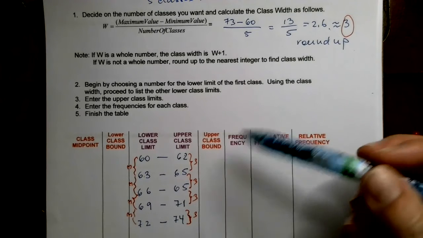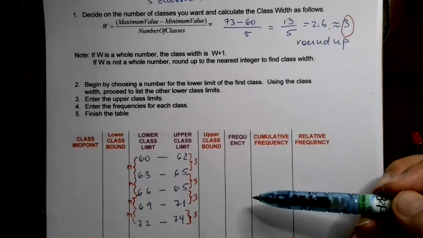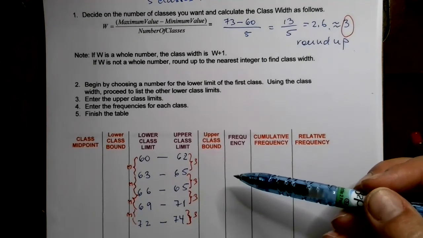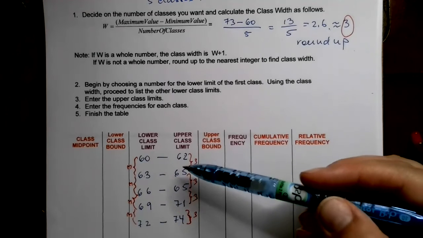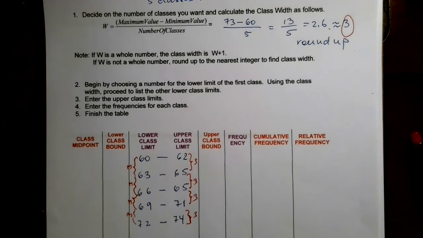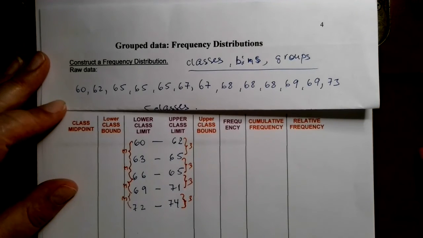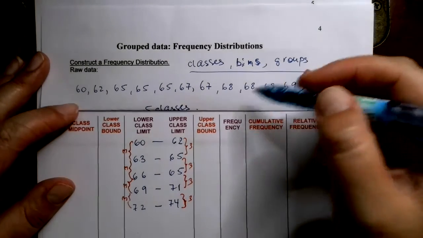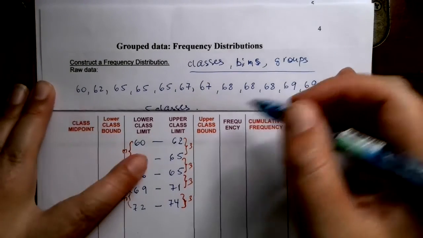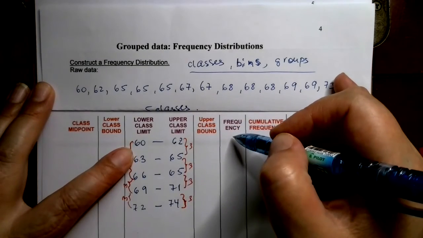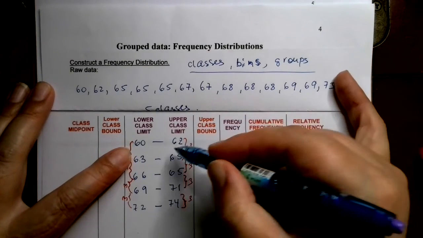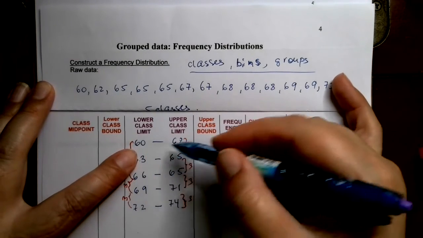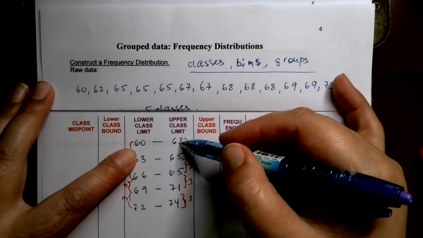Now we have to fill in the frequencies, and that is how many data values fall into each class. I now folded our worksheet so we could see all the data values. So in the frequency column, I'm going to fill out how many values I have between 60 and 62, including the endpoints.